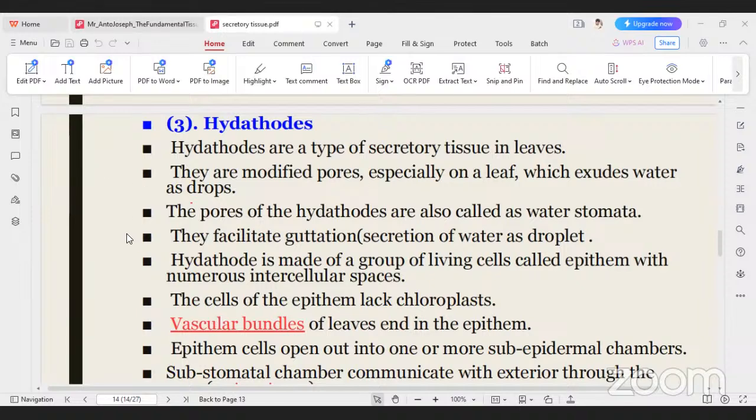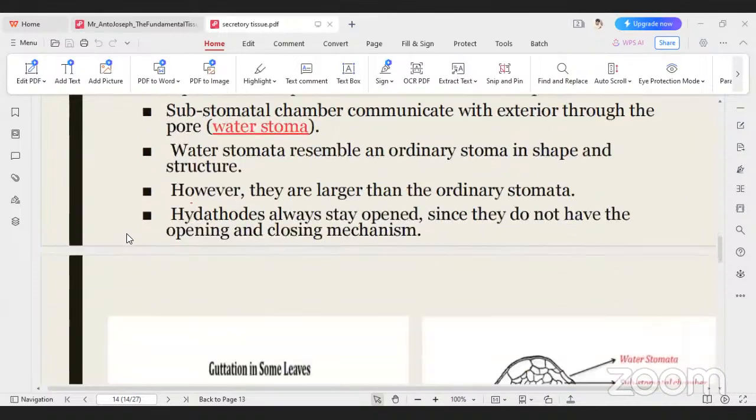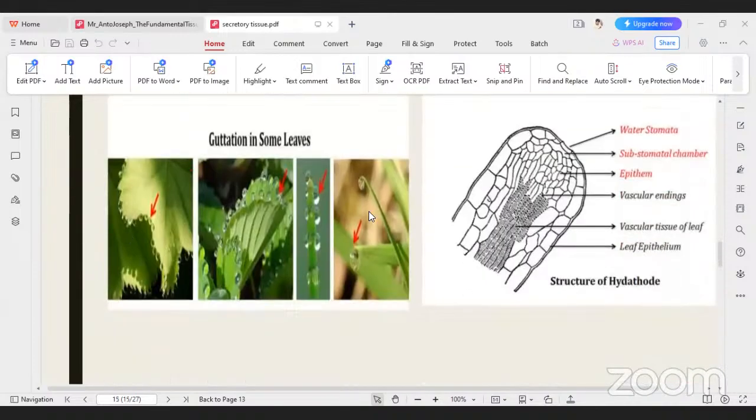The cells of the epithem lack chloroplasts. If you see it diagrammatically, this is the hydathode. These are the vascular tissues. I already told you the vascular tissue does not extend to the tip of the leaf in monocots, especially the grass family. In these grasses, the vascular tissue ends just before the tip of the leaf.